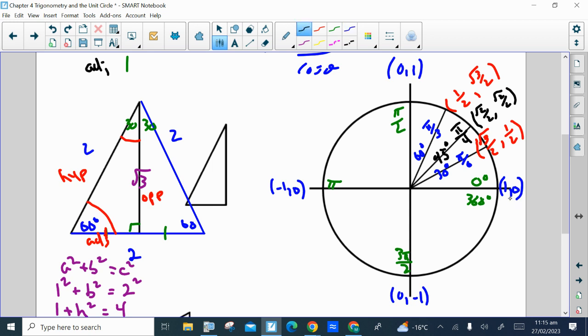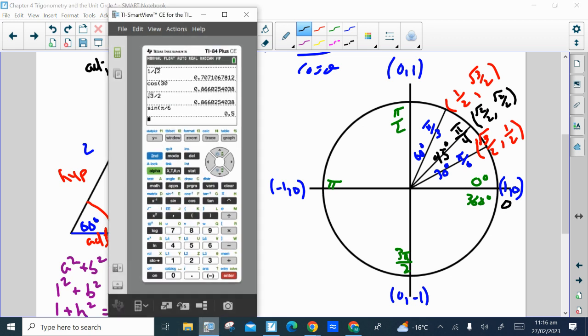So the tangent of 0 degrees or 360 degrees or 0 radians or 2 pi radians is 0 from the unit circle. So I'm in radian mode. So if I take the tangent of 0 radians, it gives me 0. Or if I take the tangent of 2 pi radians, because that is the same as 0 radians, it gives me 0.